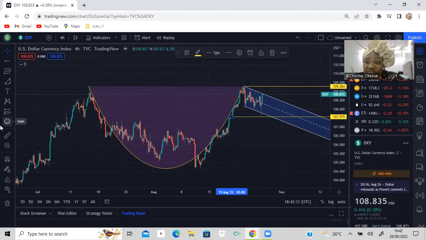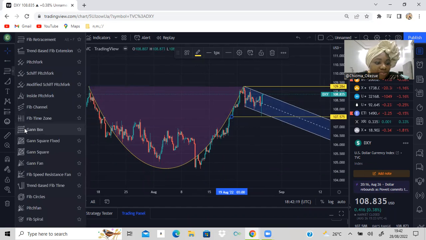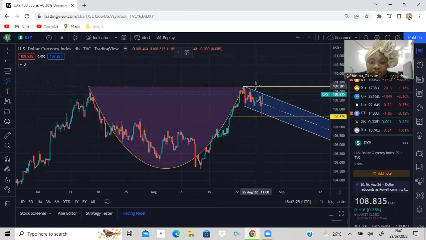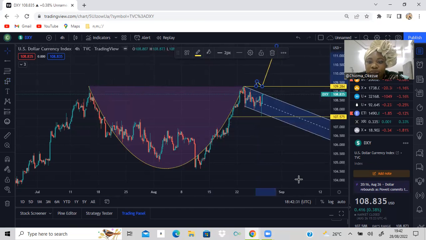The move starts when it breaks above this high resistance. So this is what we believe will happen: a break, a retest, and boom, with the DXY.